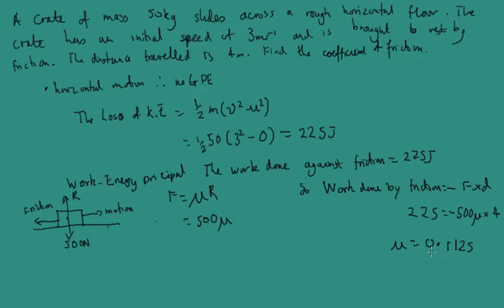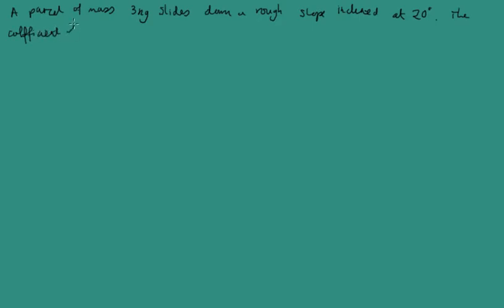Now, we'll look at a couple more. A parcel of mass 3 kilograms slides down a rough slope inclined at 20 degrees to the horizontal. The coefficient of friction is 0.5.